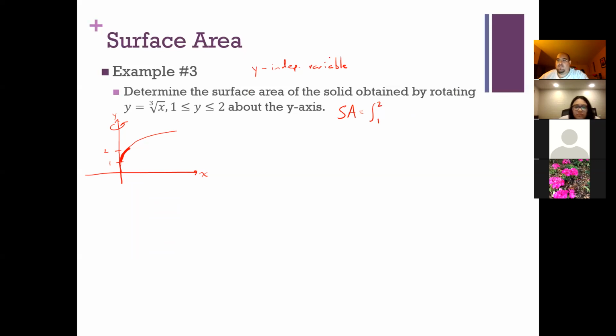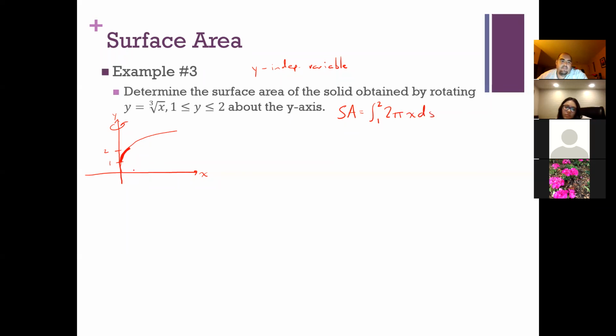We would just show that you can do it in either direction or using either variable if you want. Okay. So we're integrating something from 1 to 2. What are we integrating? It would be 2 pi y cubed ds. Okay, so let's build it from there.